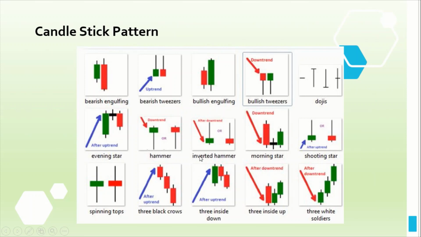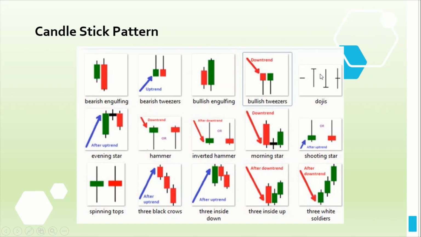There are so many other candlestick patterns that you could see, no? But there are also mga common. Kung makikita ninyo itong bearish engulfing, it's really one of the most commonly used candlestick patterns, no? Meron pang bearish tweezers, bullish tweezers, okay, doji.